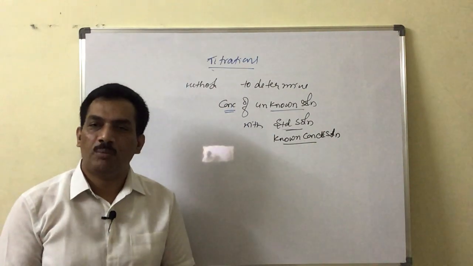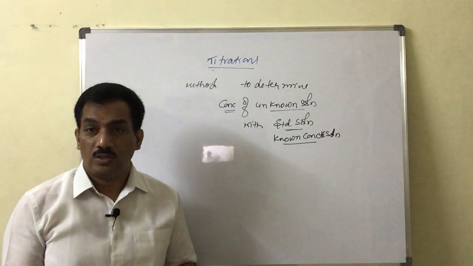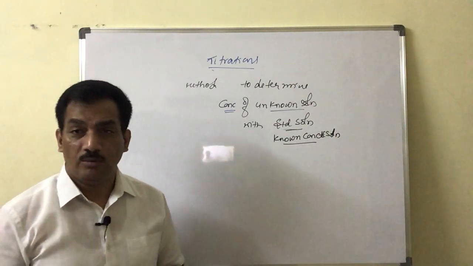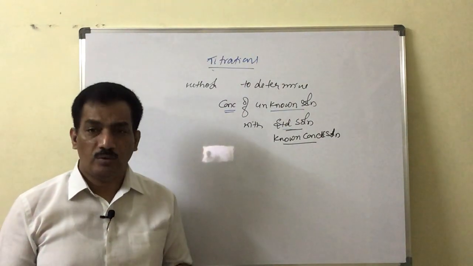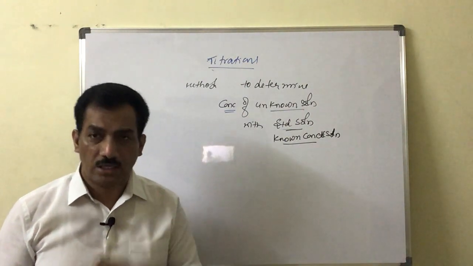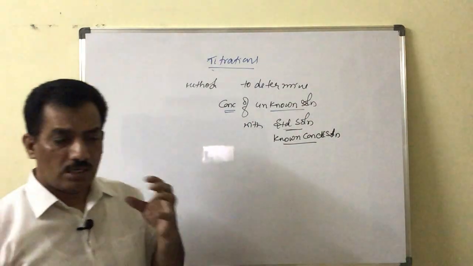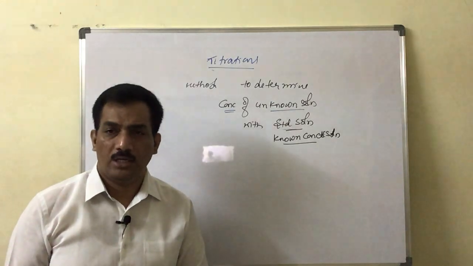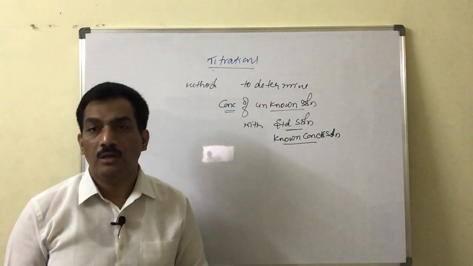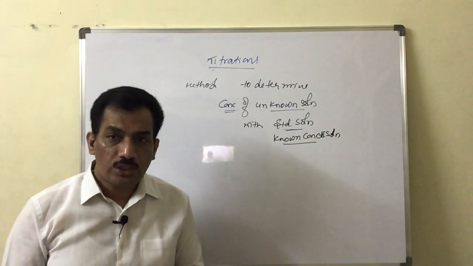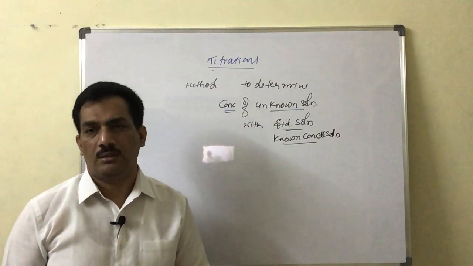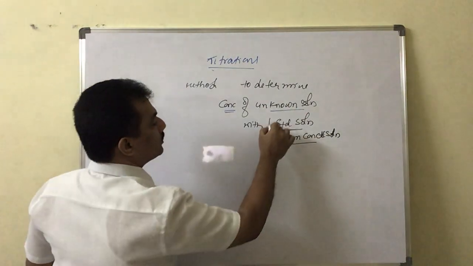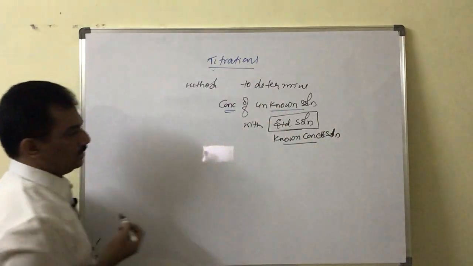When the solution is prepared by applying molarity equals weight by molecular weight into 1000 by volume of solution in ml, by dissolving a certain amount of a substance in a certain volume of solution, we can directly measure the molarity or normality of that solution. So when a solution is prepared by measuring the quantities, we know its concentration. That solution is known as a standard solution, a known concentrated solution.